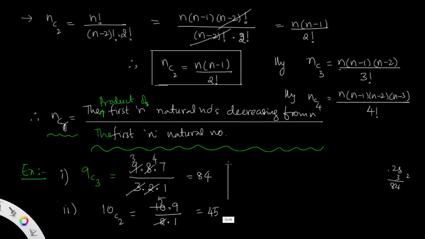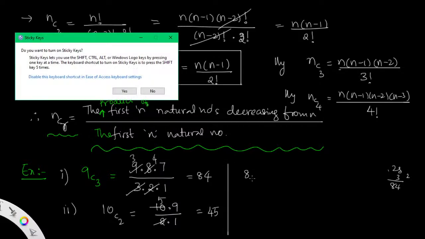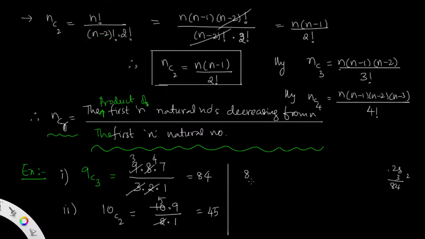Similarly, the value for suppose 8C4 is there. How will you write 8C4? 8 into 7 into 6 into 5 divided by 4 into 3 into 2 into 1. So 4 twos are 8, 3 ones are 3, 2 cancel. That gives the value 70.